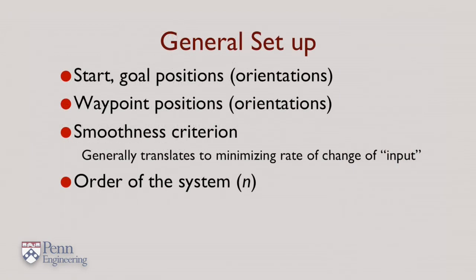For third-order systems, you should be able to control or specify or command the third-order derivative, which is called jerk. And likewise, a fourth-order system involves specifying or commanding the fourth derivative, which is called snap.